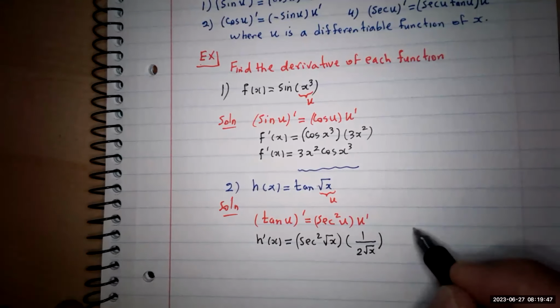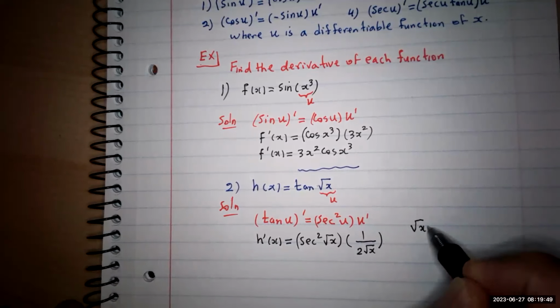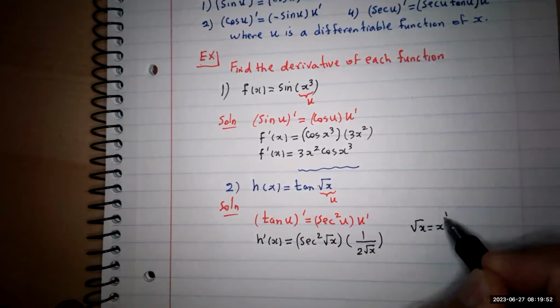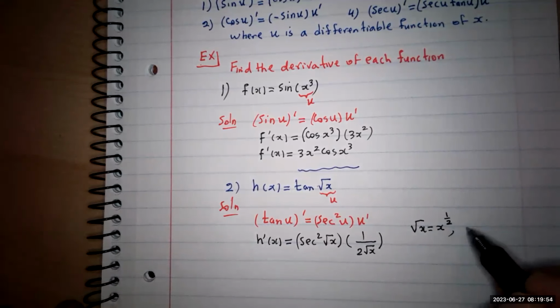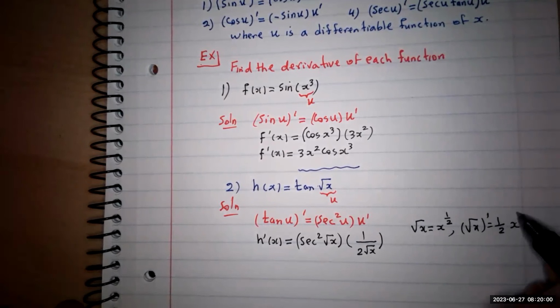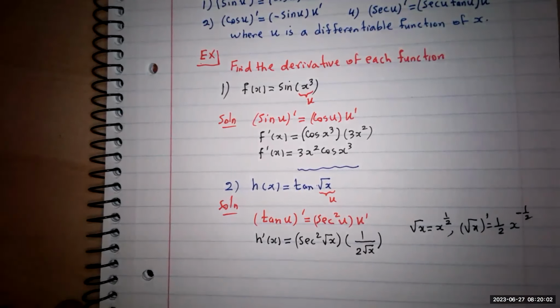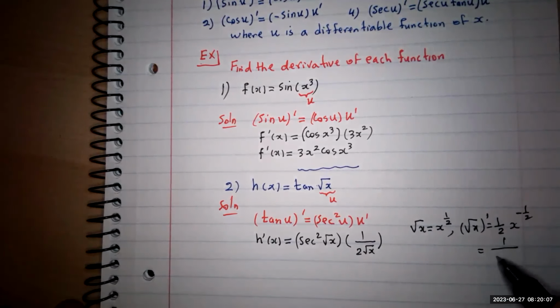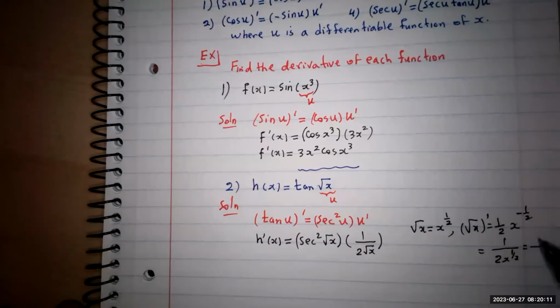Remember, this is the radical x. We switch it into x to the half. So the derivative of radical x would be 1/2 of x to the negative 1/2. And if you simplify it, that gives you 1 over 2x to the half, which is 1 over 2 radical x.